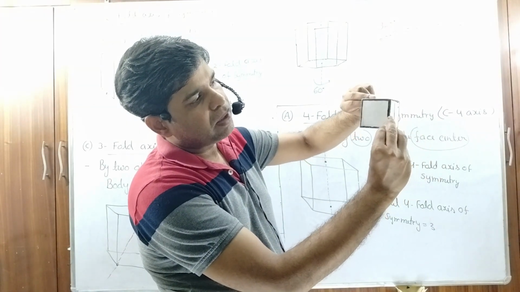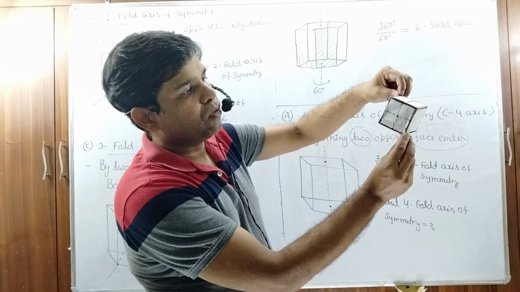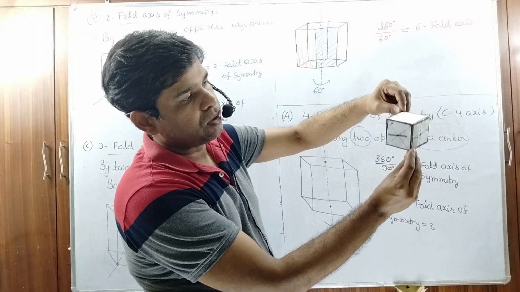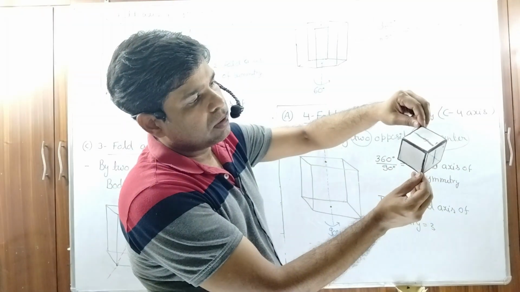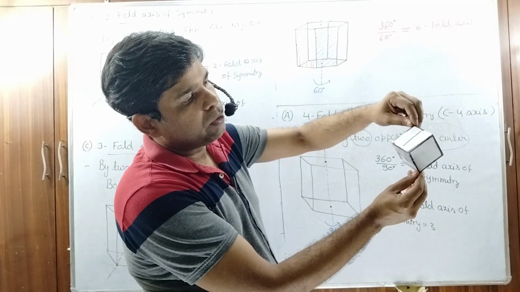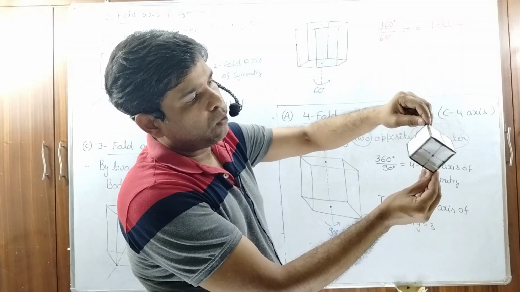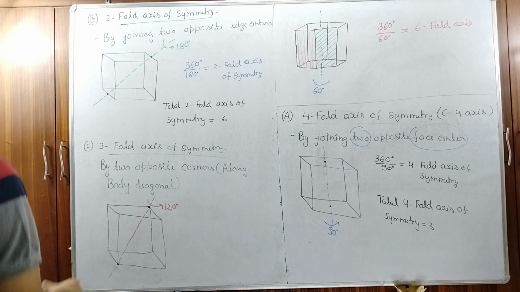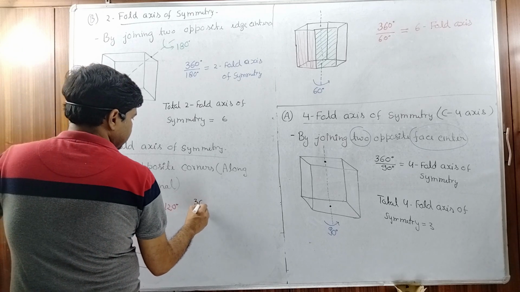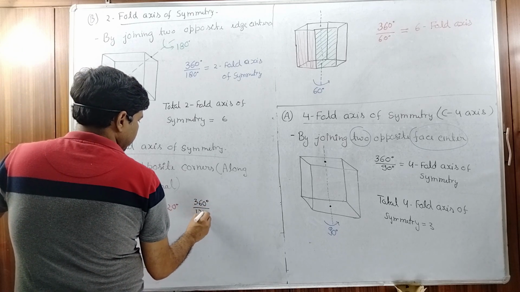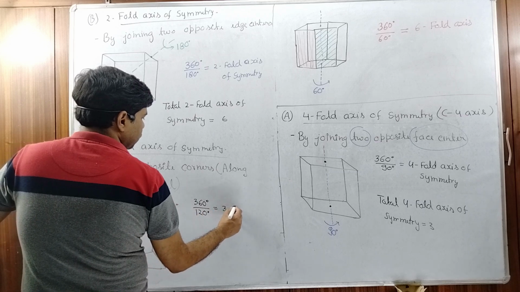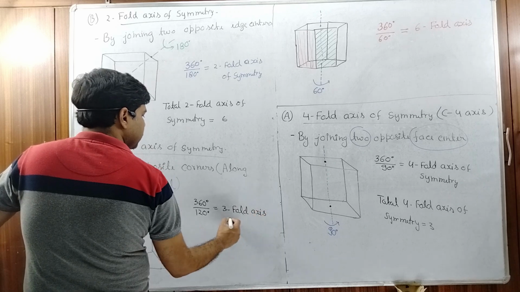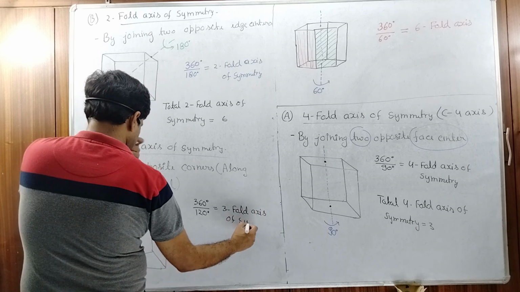Initially we had this line in front of you, now you have this line in front of you, but the structure is exactly the same. 120 rotation, same structure. So how many folds do we have? 360 by 120, we have a three-fold axis of symmetry.